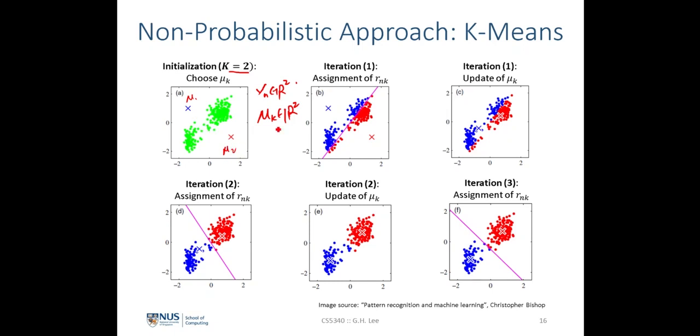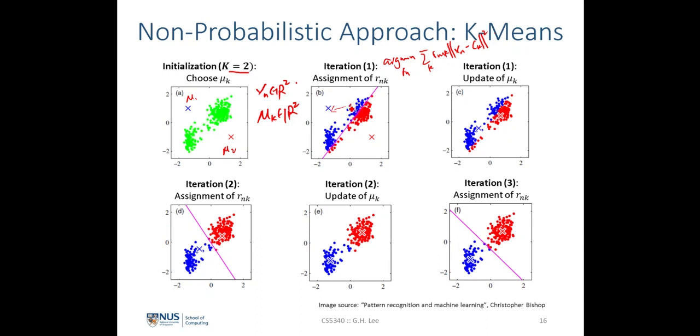The next step is to do a minimization, argmin over rnk, of the summation over k of rnk times the sum of squared differences of xn minus ck squared. As we saw in the previous derivation, we can easily do an assignment: for every single data point, we simply assign it to the closest centroid, or the closest cluster center.